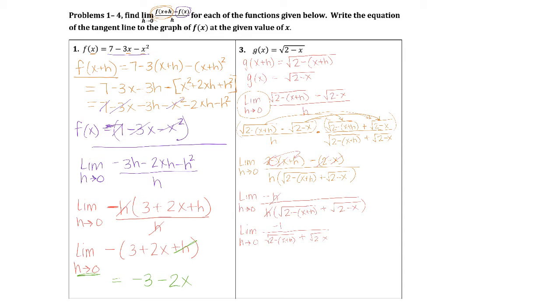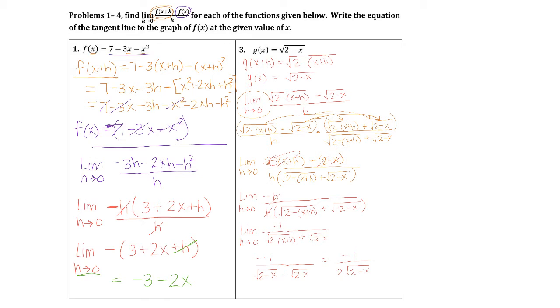And so that means I'm going to have negative 1 over the square root of 2 minus x plus the square root of 2 minus x. Well, that's going to be negative 1 over 2 square root of 2 minus x, because now I have 2 of those. So there's that limit worked out.